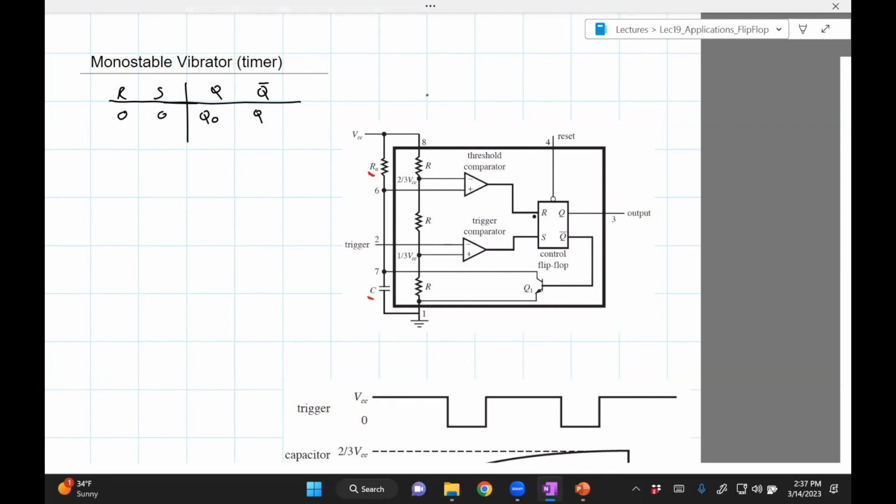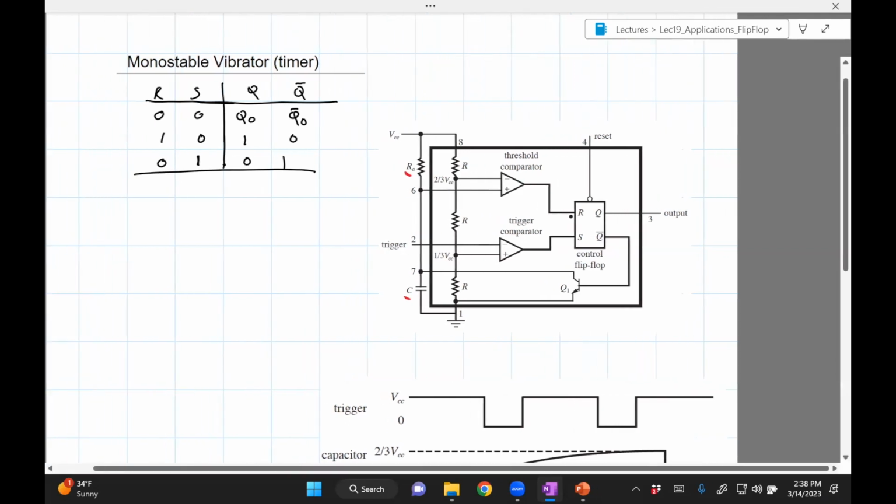We'll leave this unchanged. We have 1, 0. So R is 1, means it's reset. So 1, 0. And then we have 0, 1, which is set, 0, 1. That's all. The 1, 1 is not allowed. Okay, so we got that.